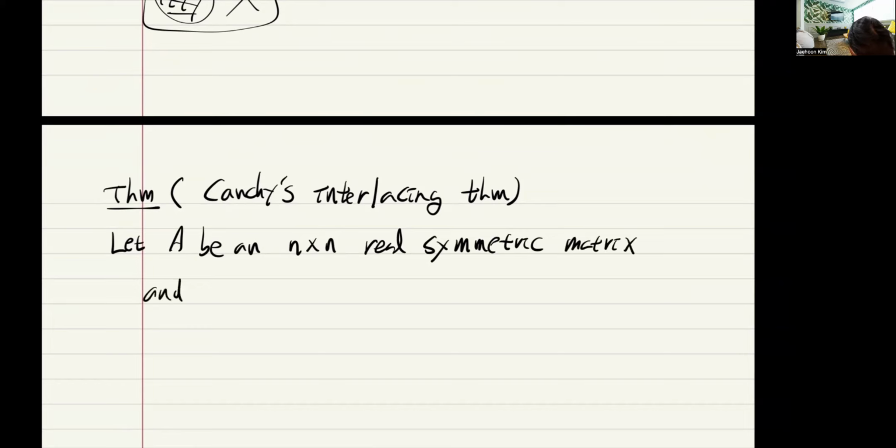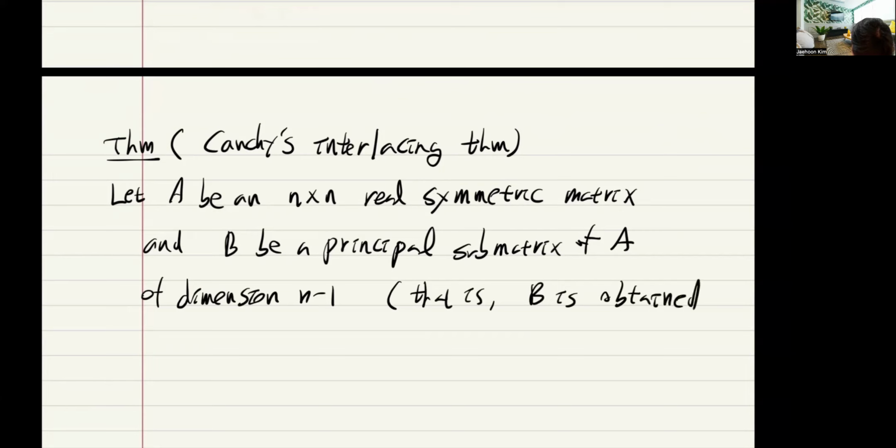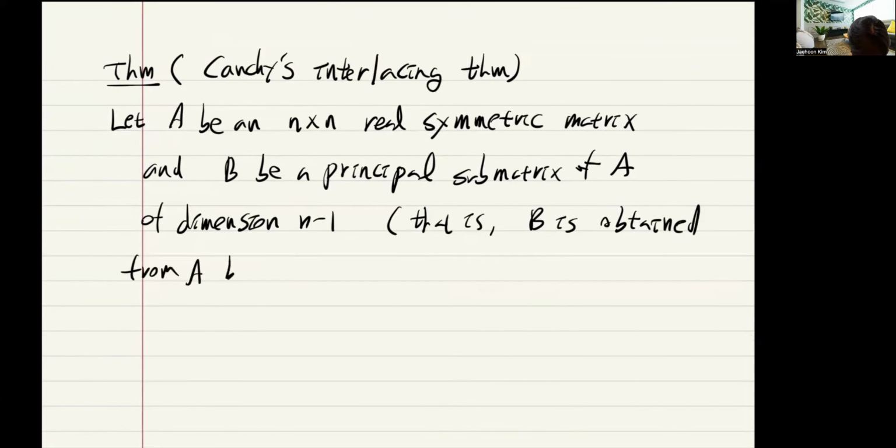And let's say B be a principal submatrix of A of dimension n-1, meaning that B is obtained from A by deleting a row and column, which are the same one, the ith row and ith column.